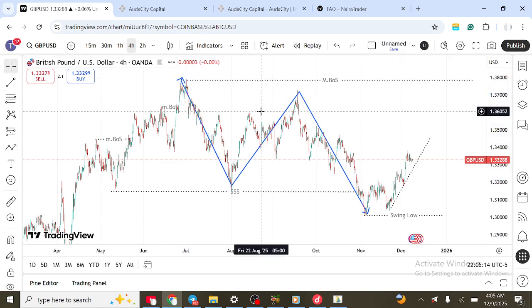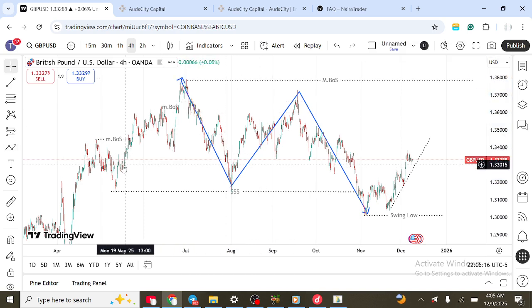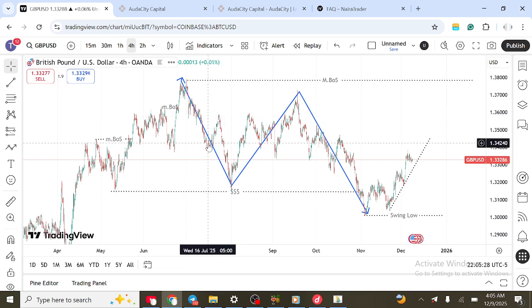We can see that we have type A as well, because this here is a type A, this here is a type A. Now all this movement here with this pullback here are all type A, a complete circle of liquidity.